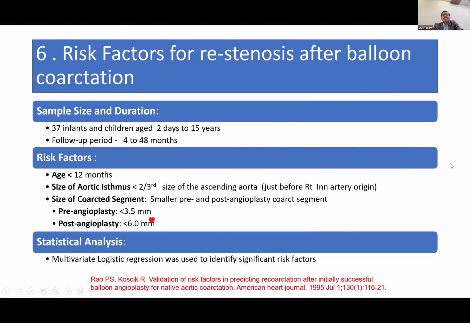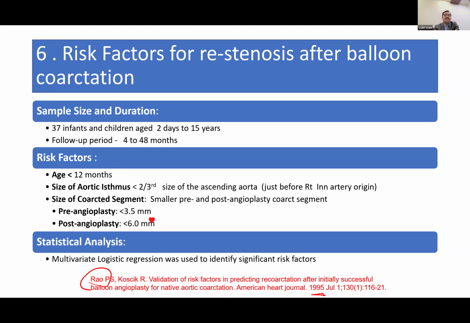Now, restenosis, we also understand balloon recoarctation as a restenosis. This interesting study we found by Dr. P.S. Rao in 1995, where he tried to assess the risk factors in predicting recoarctation.